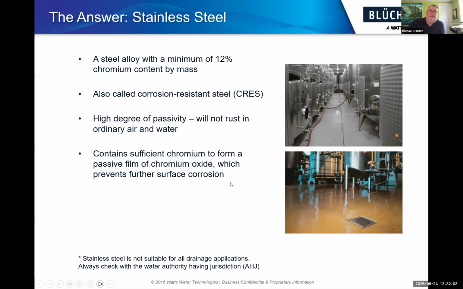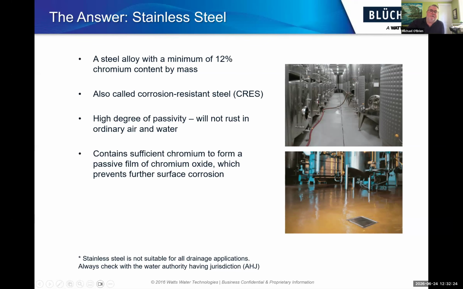So the answer, surprise, is stainless steel, also called corrosion resistant steel. It has a high degree of passivity, so it will not rust in ordinary air and water. Not quite. What happens is it oxidizes. Rust is iron oxide.